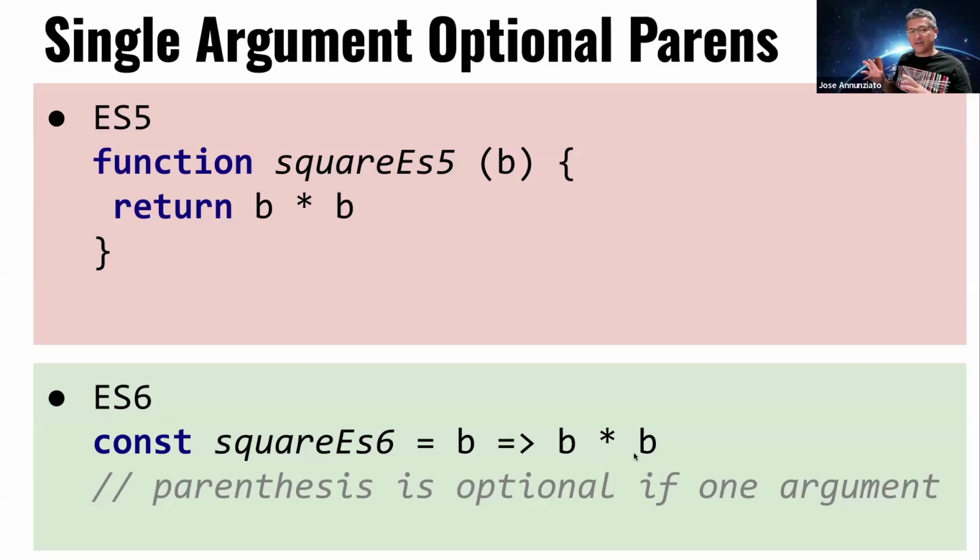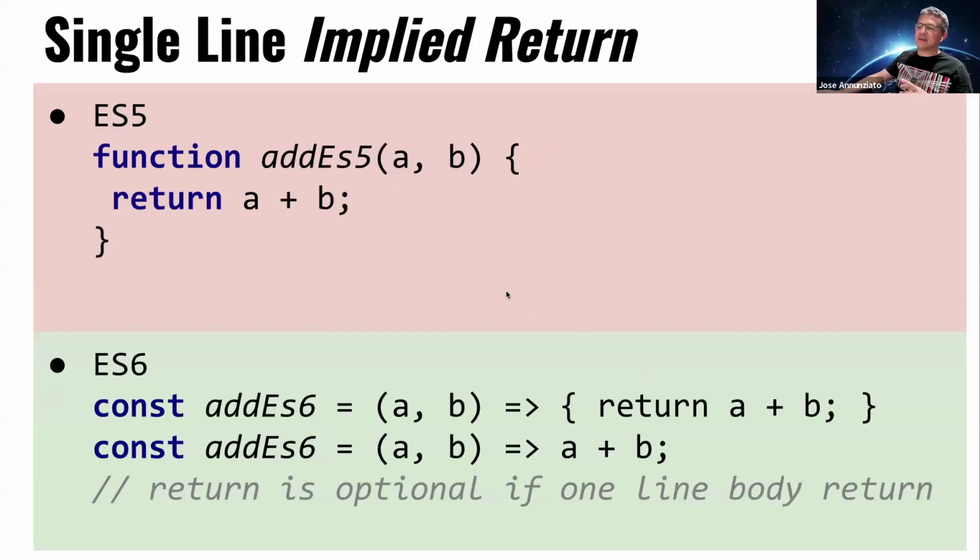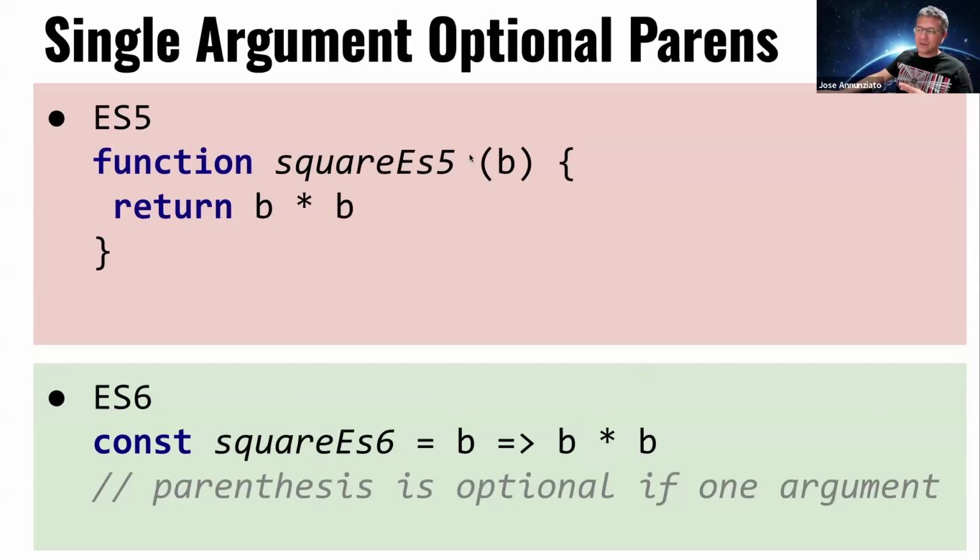Now also another syntax is that if the parameter list only has one parameter, like here we have b, then the parentheses are also optional. Unfortunately, this is considered to be a bad practice.